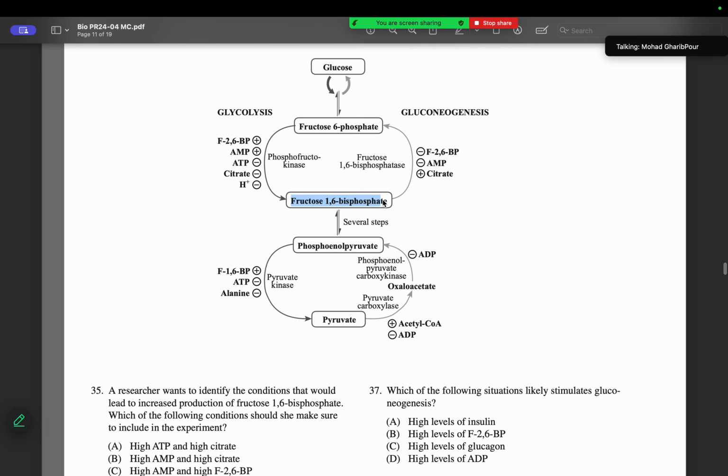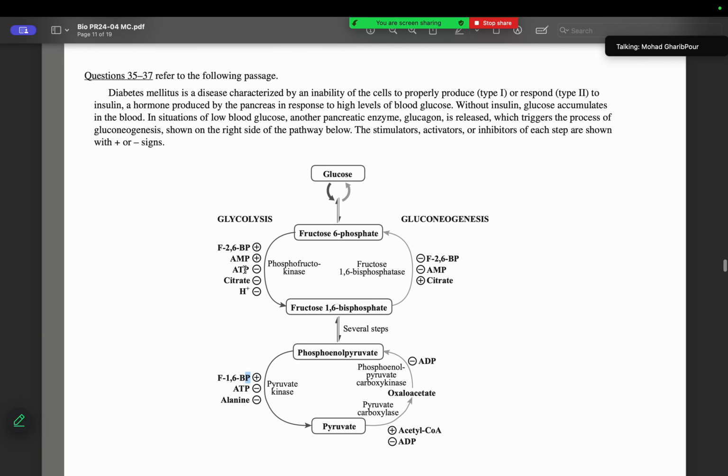Actually, this serves as a stimulator or activator for pyruvate synthesis. But this is really what we need to focus on, not this guy.